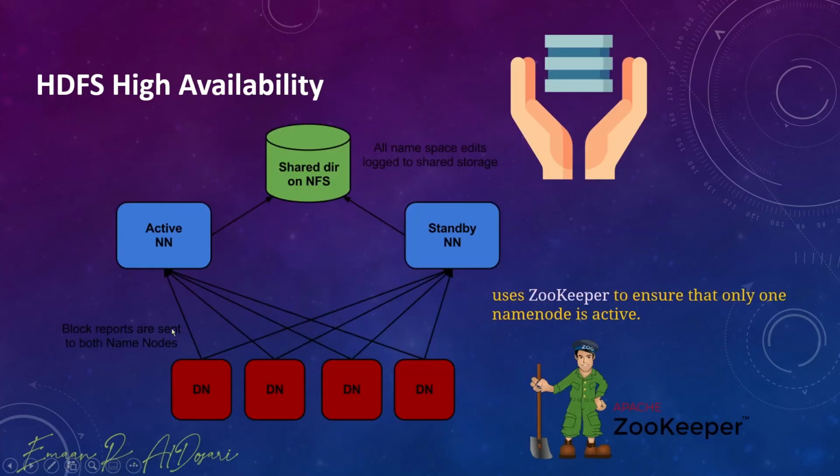The next topic is Hadoop distributed file system high availability. So we need to combine the name node and the secondary name node, and to do that, we need to create a checkpoint to protect our data from loss. But the problem was we don't have high availability to protect our files in the system.